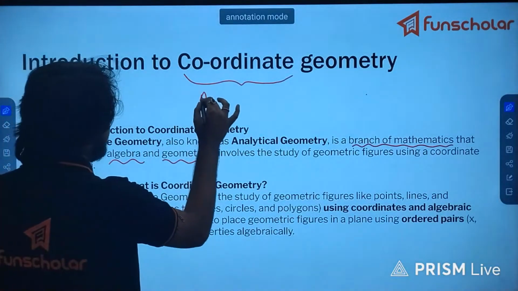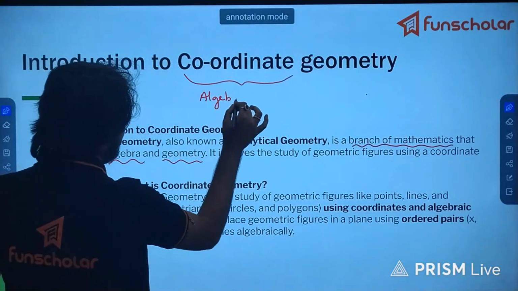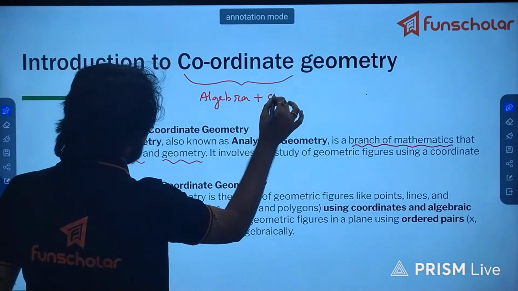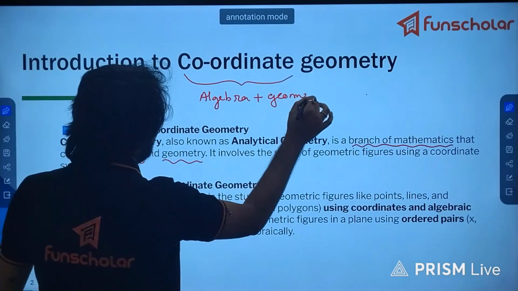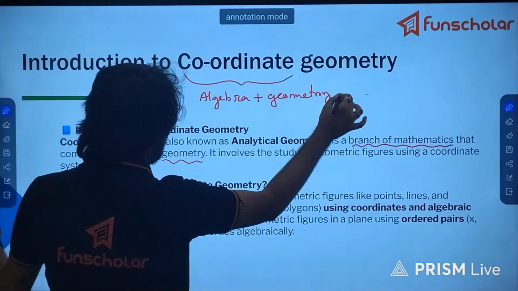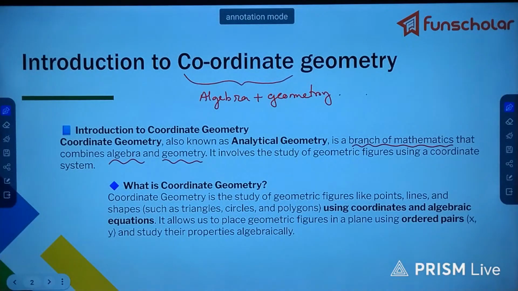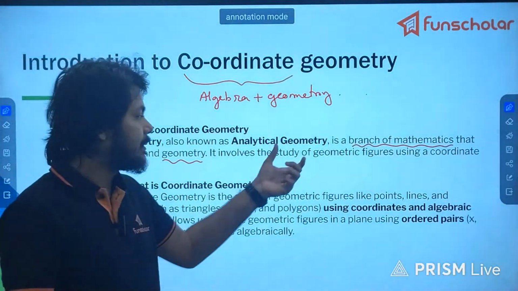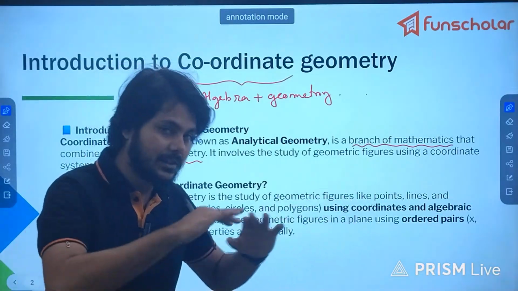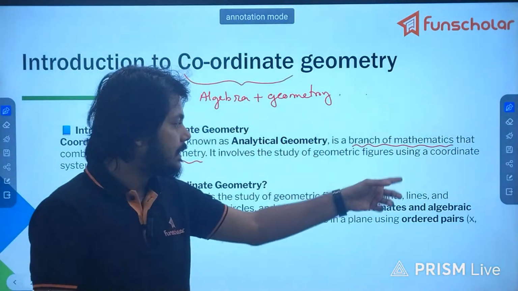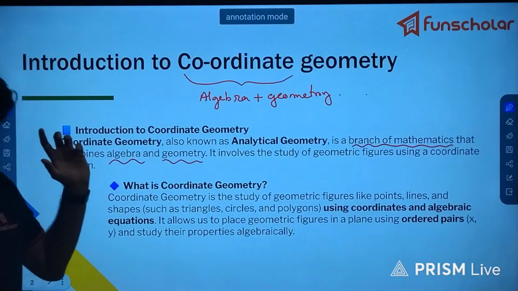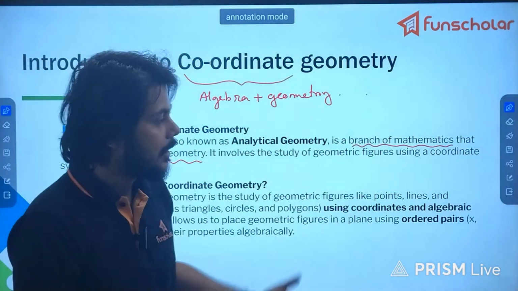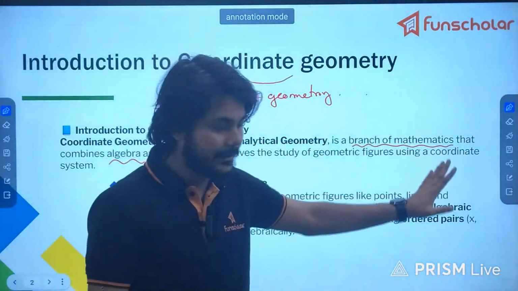It is algebra with geometry. It involves the study of geometric figures like straight lines using a coordinate system. What is a coordinate system? We'll look into it later.